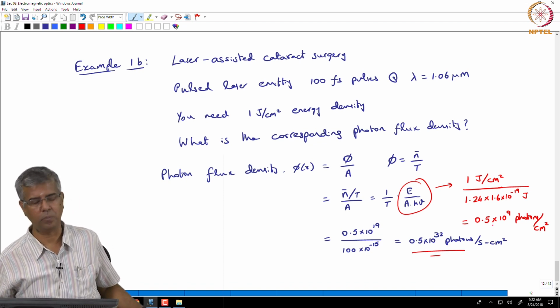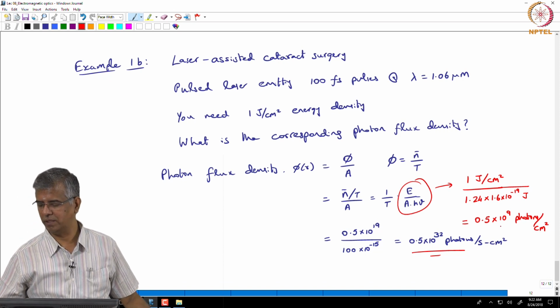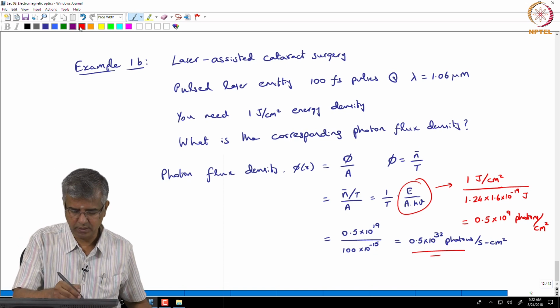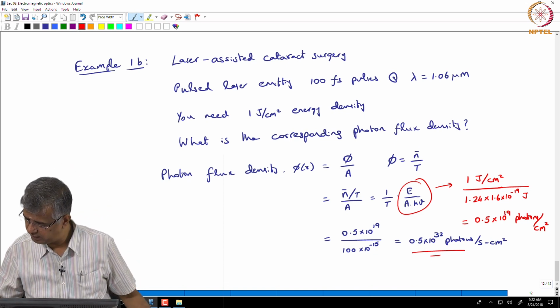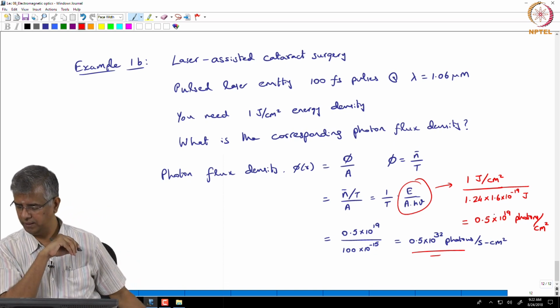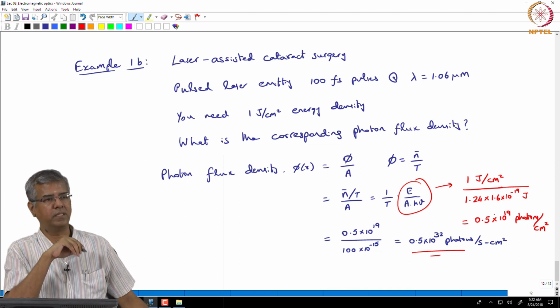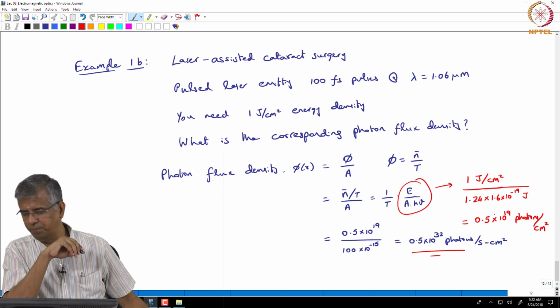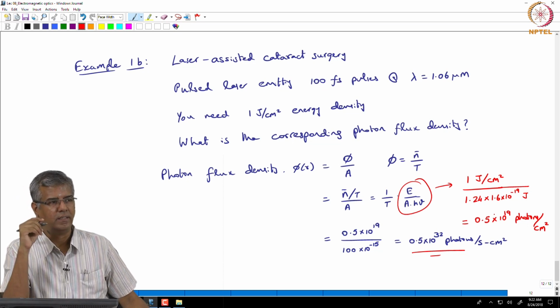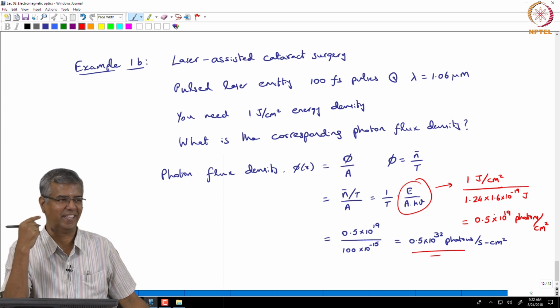How many photons are you packing? Something of the order of 10 power, I put it as 9, it should be 19 here, right? So that's 10 power 19 photons per centimeter square. But you're not doing a hole over a centimeter square area, right?